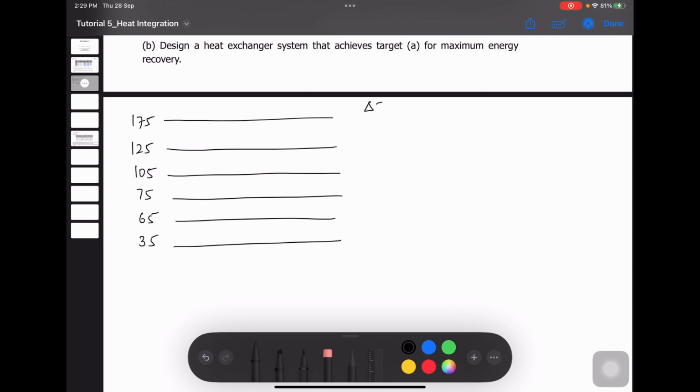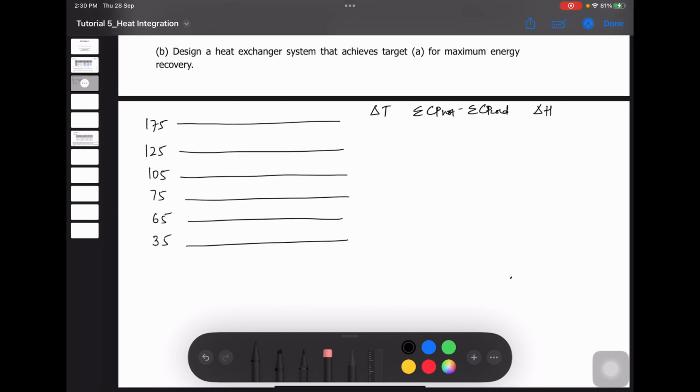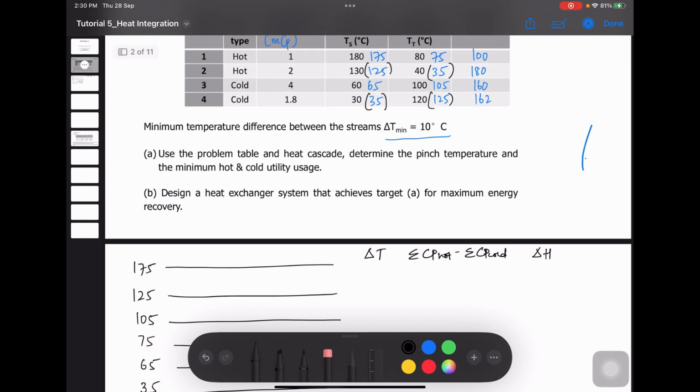And then we need to find the delta T, the summation of Cp hot minus summation of Cp cold, and also the enthalpies. So now our first stream, stream number 1, goes from 175 to 75.